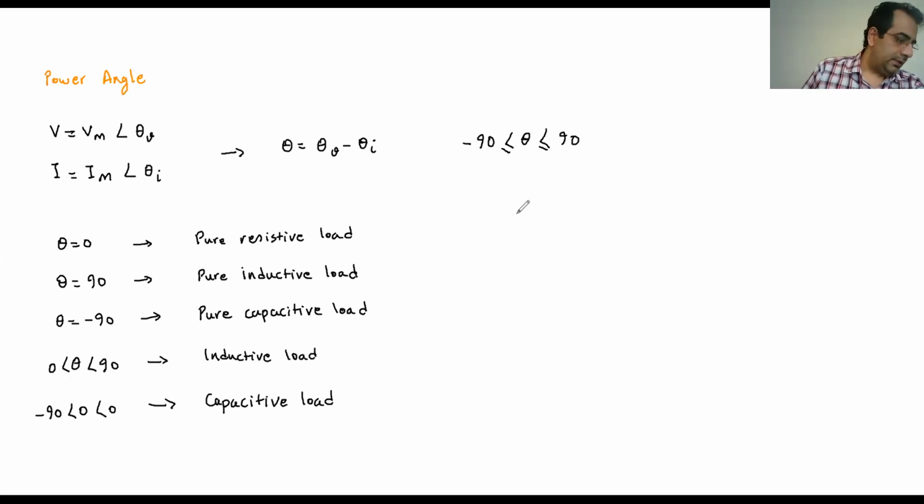There's another thing we call the power factor. If I calculate the cosine of theta, that's the power factor.